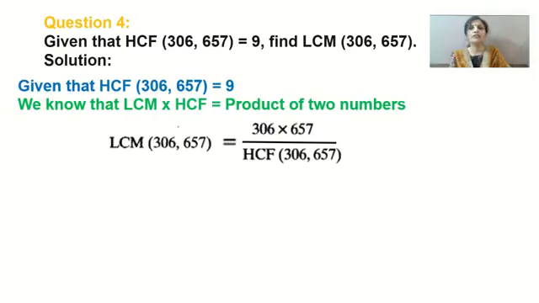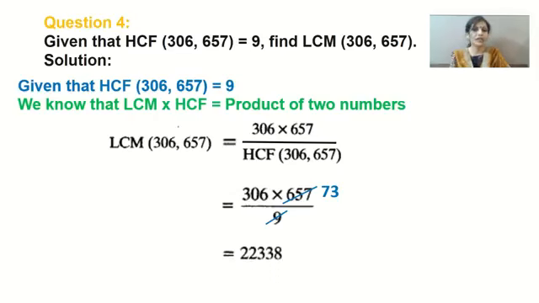So we will write 306 into 657 upon 9. We can cancel this. 9 ones are 9 and 9 into 73 is 657. Now when you multiply 306 into 73, you get 22338, and that is the LCM of the two numbers 306 and 657.